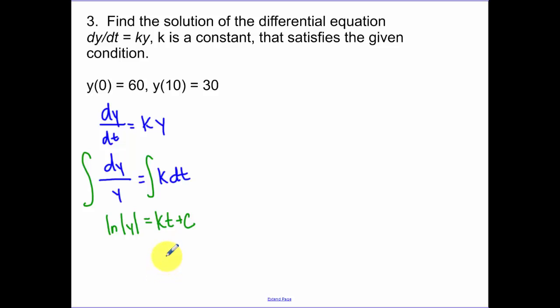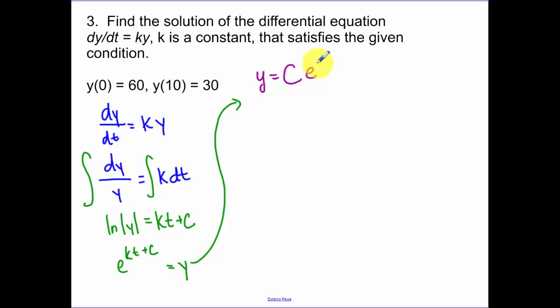Now we're going to solve this for y. So e to the kt plus c is equal to y. Again, we're going to have some new constant. I called my constant big C since I already had a k there. Now we have a few initial conditions.